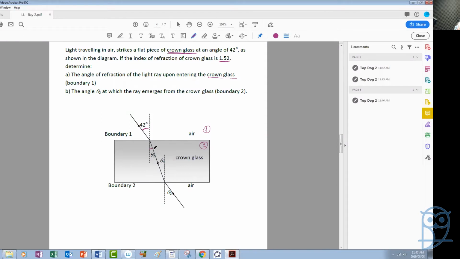This is the angle of refraction upon entering, when light meets the first boundary. So find this angle of refraction. And then find the angle θ2 at which the ray emerges from the crown glass, that is after boundary 2. This θ2 we need to find.